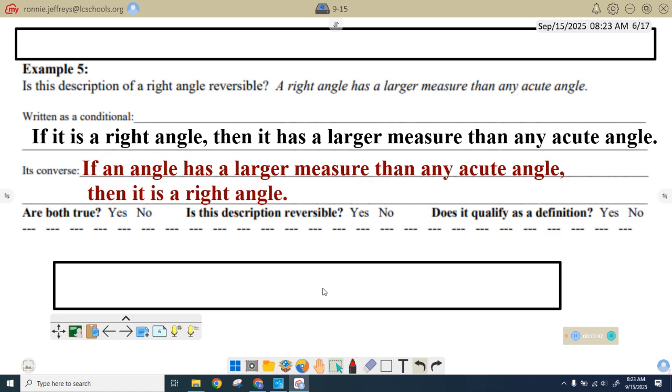Its converse: if an angle has a larger measure than any acute angle, then it's a right angle.